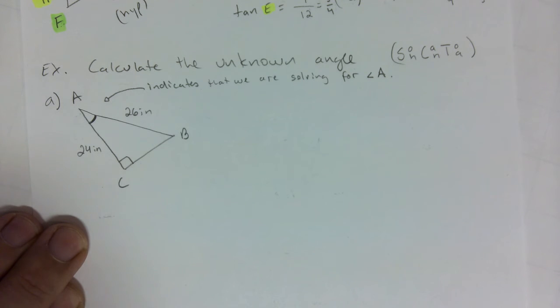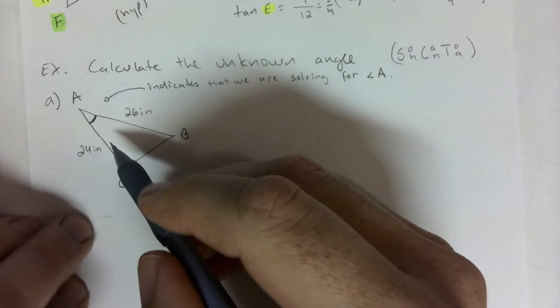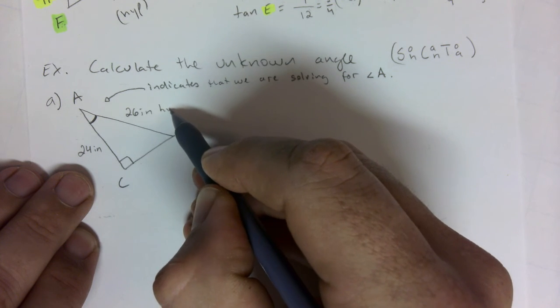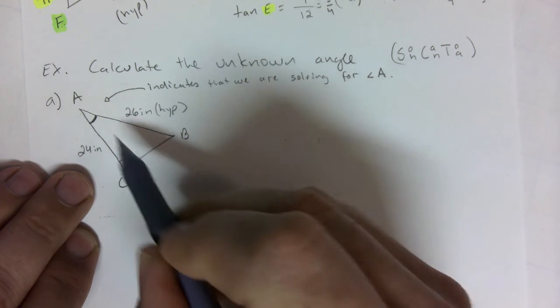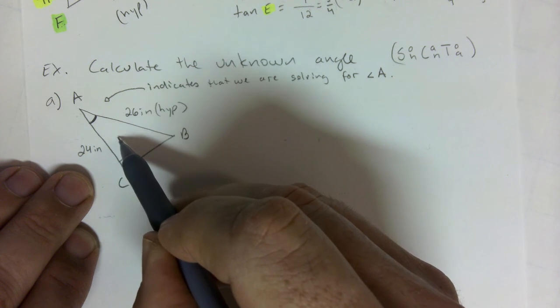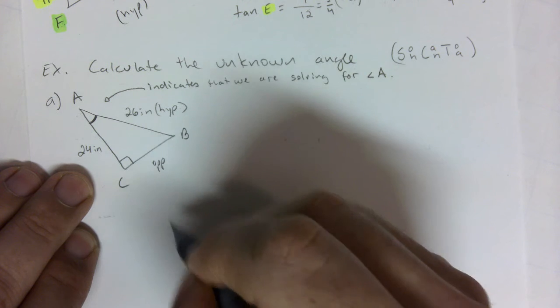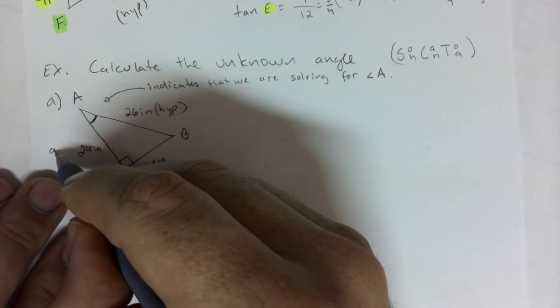Please always label the 3 sides. It doesn't matter if you're solving for a side or an angle, label those 3 sides we just learned how to do. So based on that, across the 90, this is the hypotenuse. Across angle A, this would be the opposite, and this must be the adjacent.